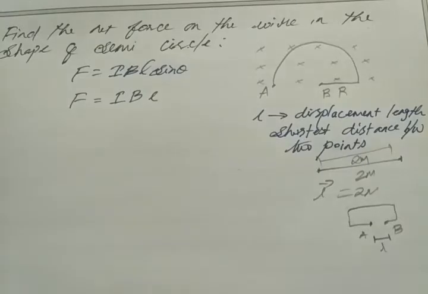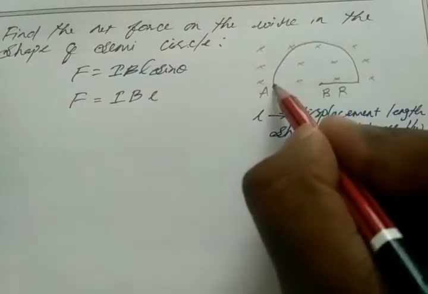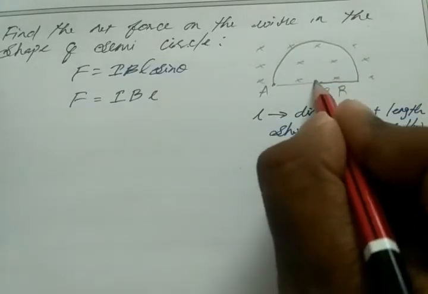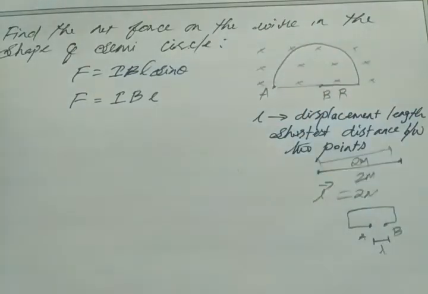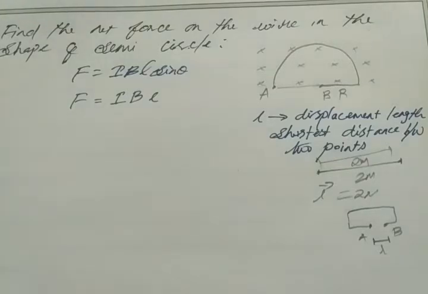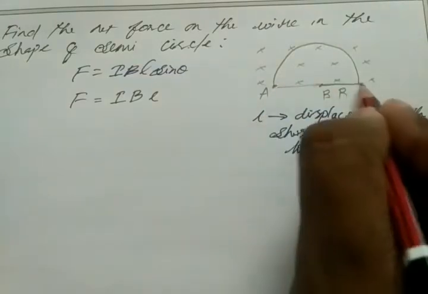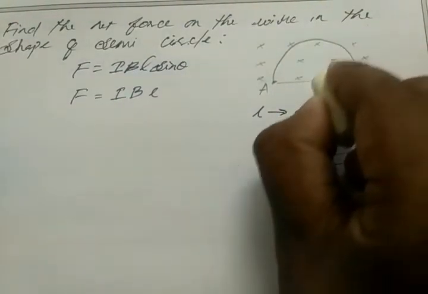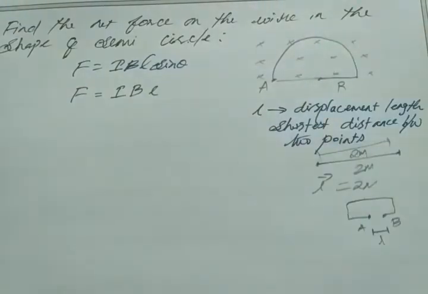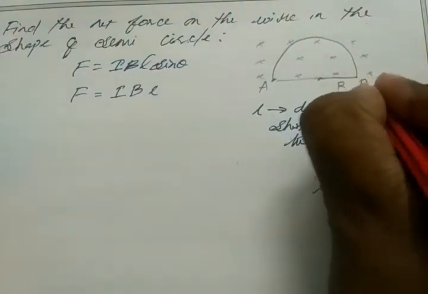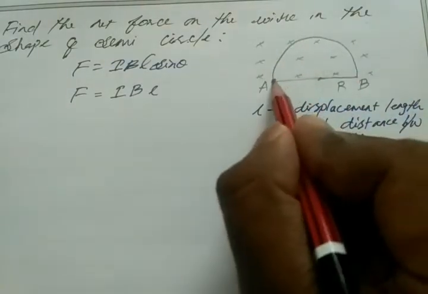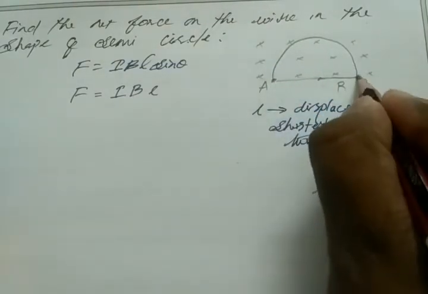Similarly in this case, our L is the shortest possible distance from point A to point B, that is this whole distance. Sorry, I made a mistake, my B point is here. So my L is not this length, but L is from the initial point to the final point.